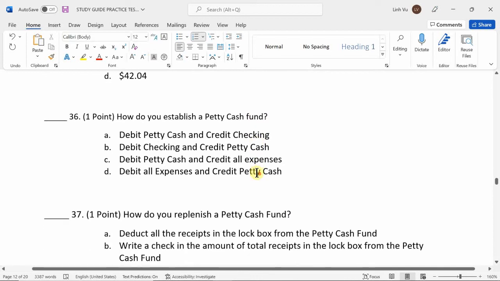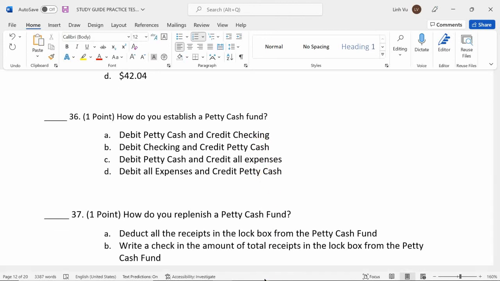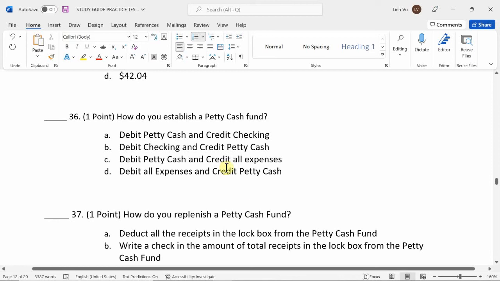Excellent. Okay. Number 36. How do you establish a petty cash fund? Debit petty cash and credit checking. Good. You're going to need to debit a petty cash fund and credit the checking account. So letter A, right?